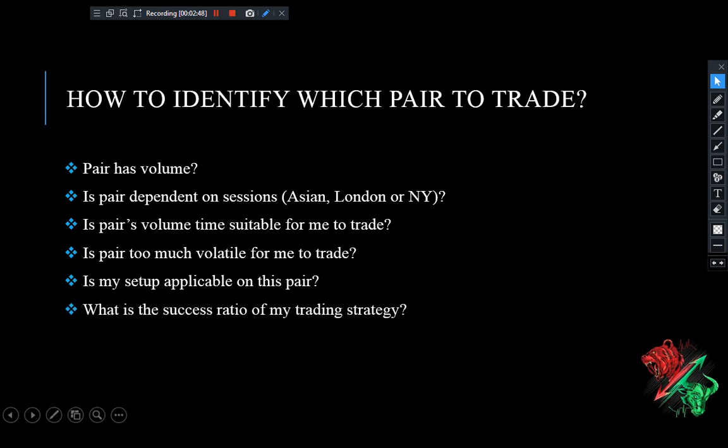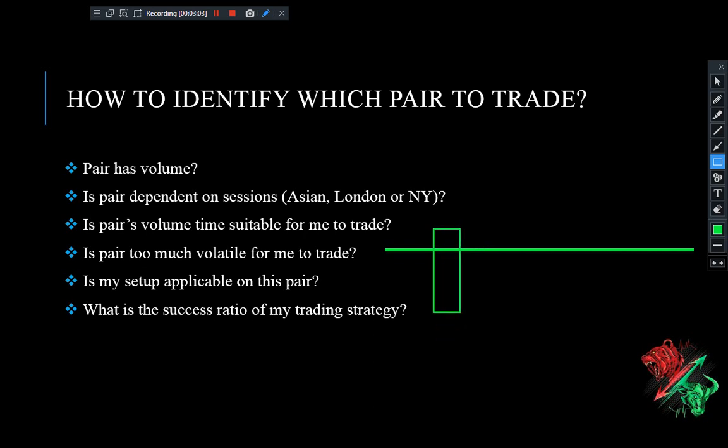And what is the success ratio of my trading strategy? For instance, as I use break and retest as my strategy, I just wait for the candle to break out. Just consider it as a candle or a wick.